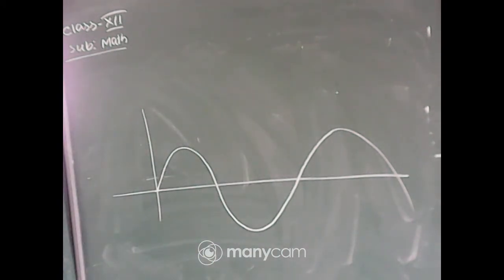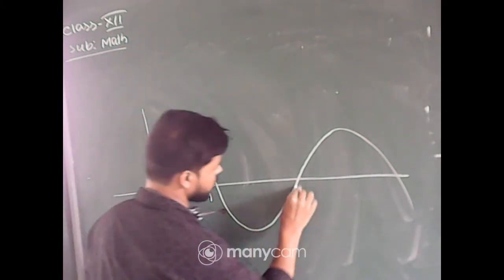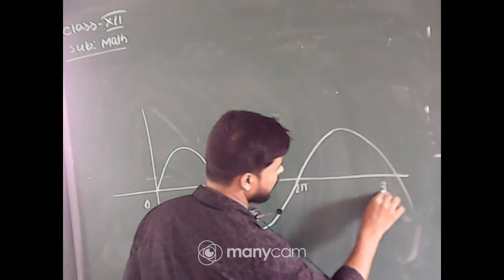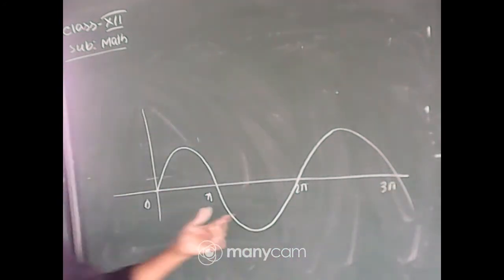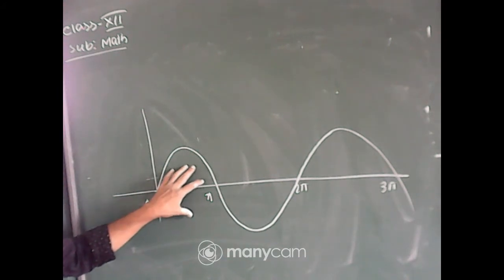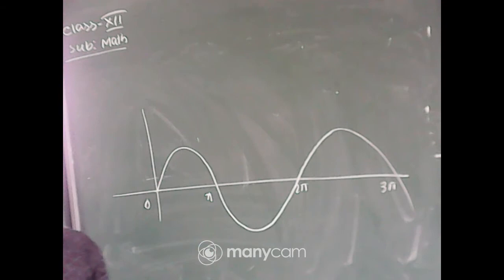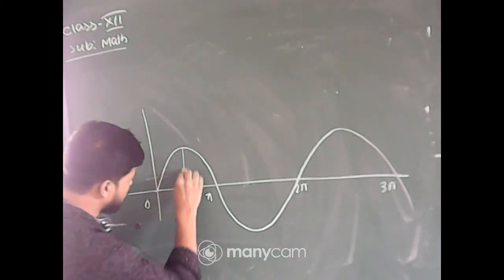This is the 0 point, this is the pi point, this is the 2 pi point, this is the 3 pi point, suppose. Which function's graph is this? Can you tell me? This is the sine graph. Yes, very good. Now look, this point is pi by 2.